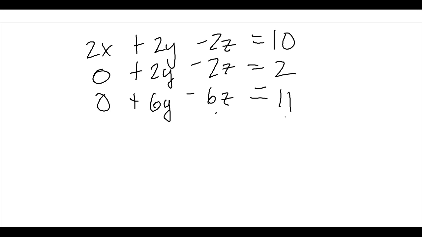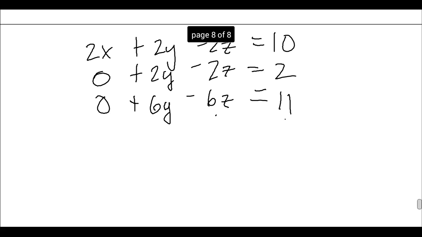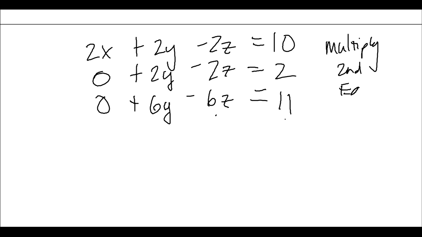Maybe I can use this 2y to eliminate the 6y from the third equation. So if I multiply that second equation by 3, that should do it. Let's actually multiply it by a negative 3. So I'm going to multiply the second equation by a negative 3.